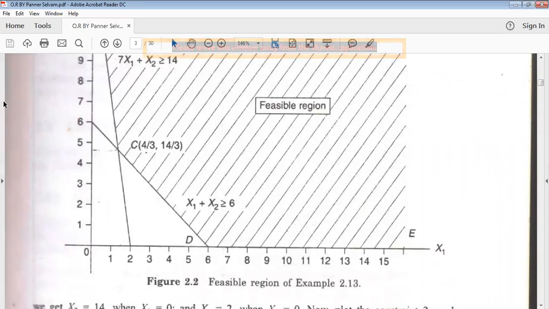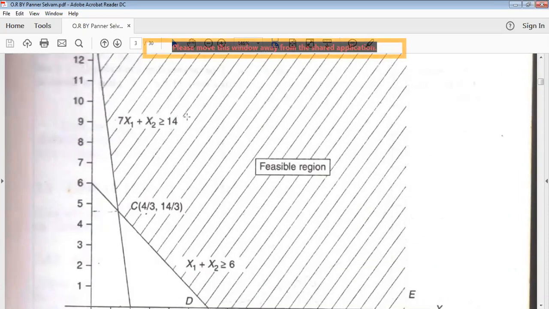Now these are the two lines, and both are meeting at a particular point. In this case, greater than means you have to hatch above the line, and here also you have to hatch above the line. Therefore this entire region is going to be the feasible region.